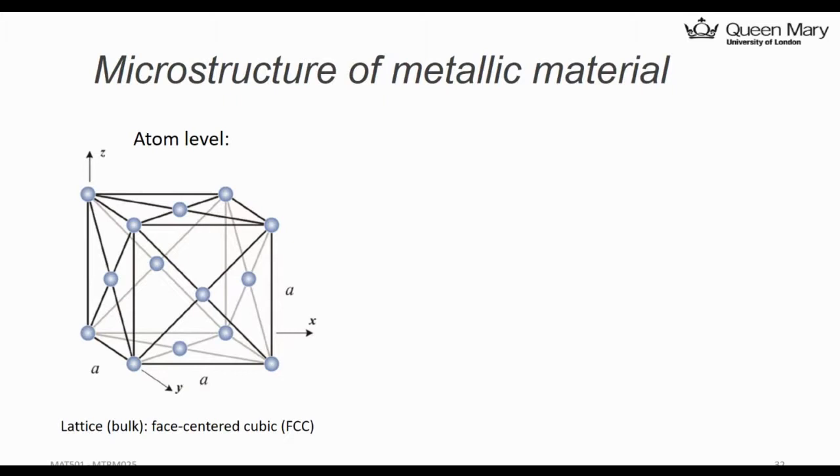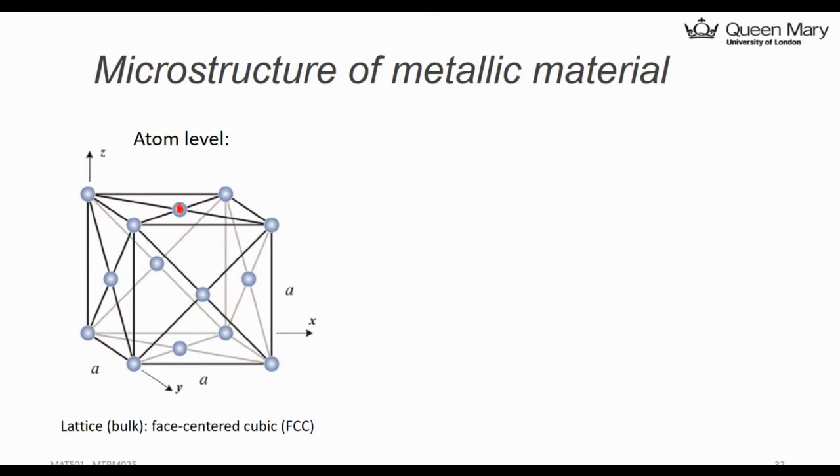Microstructure of metallic material. If you look at metal at the atom level, they basically have different lattice structures. If you remember, this is the face-centered cubic lattice. You can see the atom here that's the center on the face. There is also a body center.